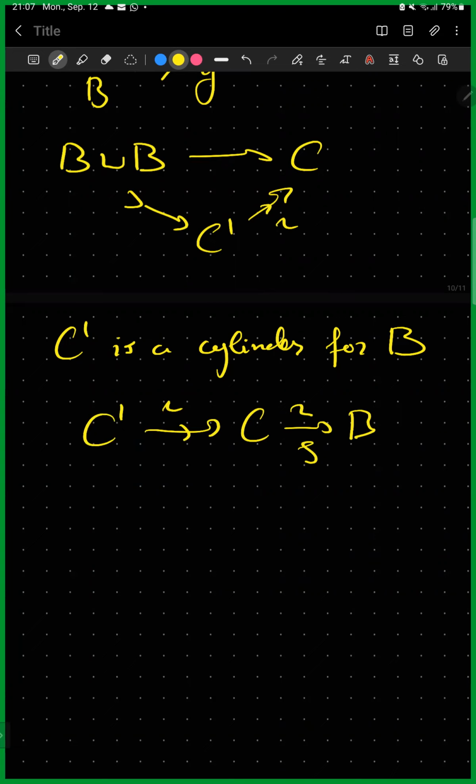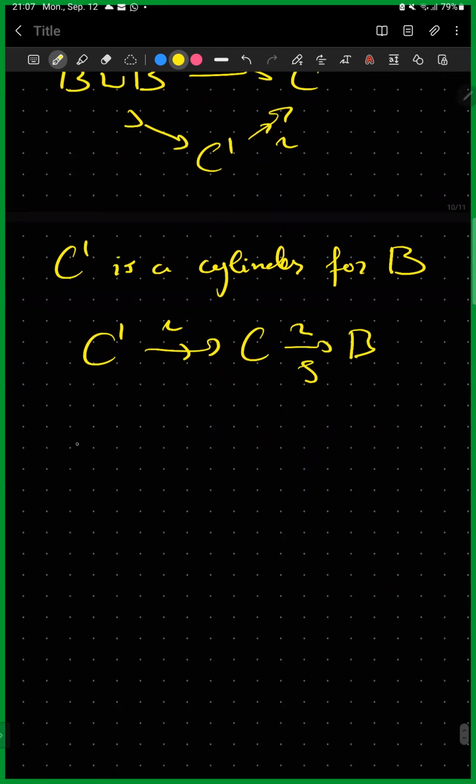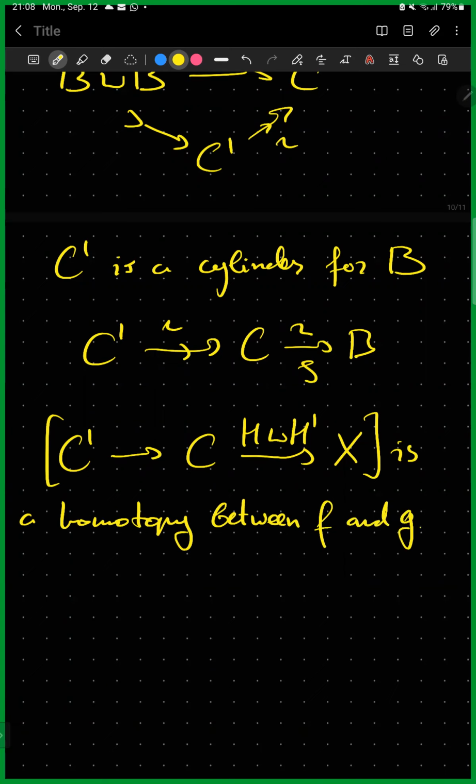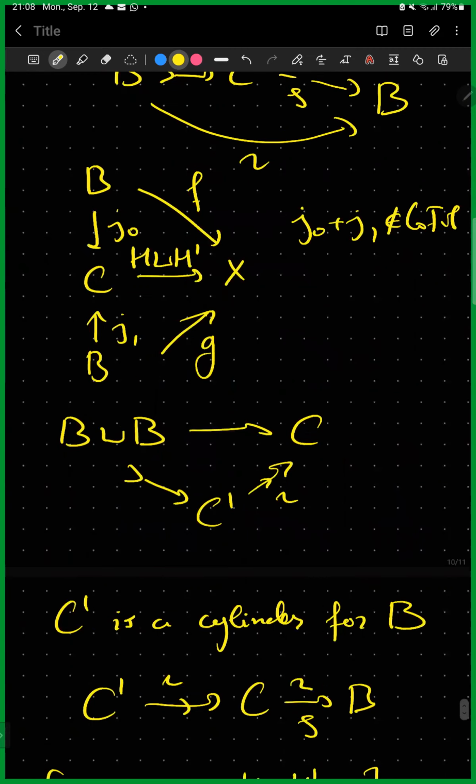Now it just remains to see that the composition of this map is the desired homotopy between F and H. And here I also should have written H, of course.